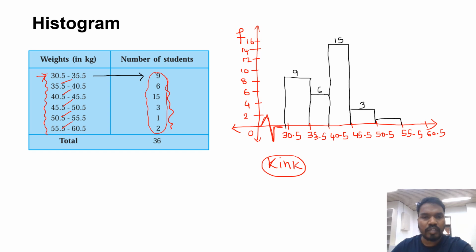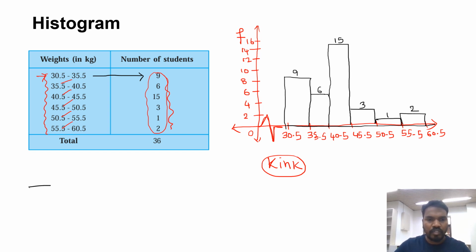The next is 2, this is 1, this is 2. So this is the way to construct the histogram. Clear?